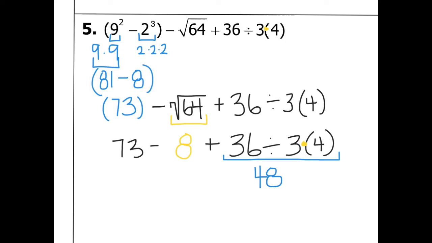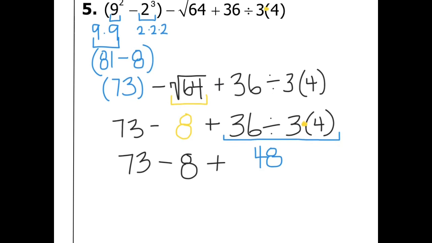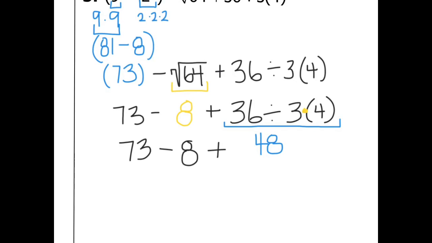Okay. So now if I bring down everything I haven't done yet, 73 minus 8 plus the result of this, which was 48. Now I kind of have some left to right addition and subtraction that I can work on. I've got 73 minus 8, which I'm going to have to do on a sheet of scratch paper here.